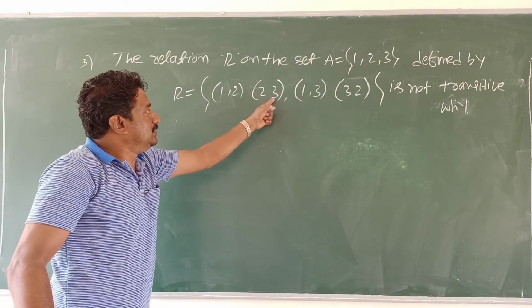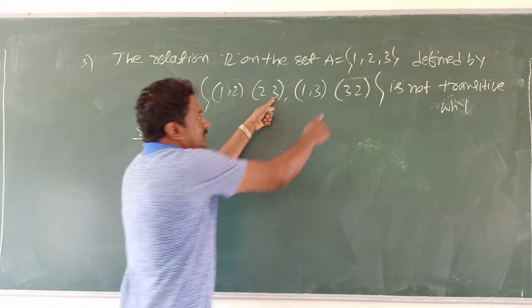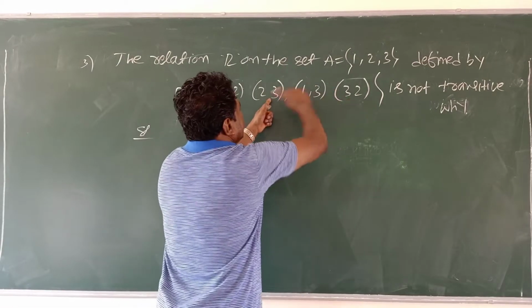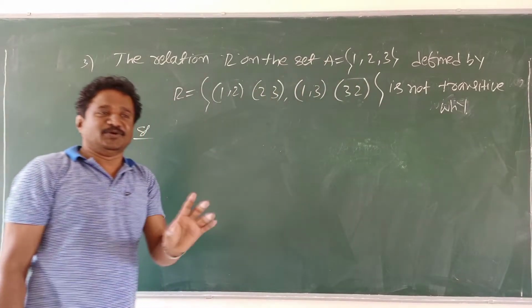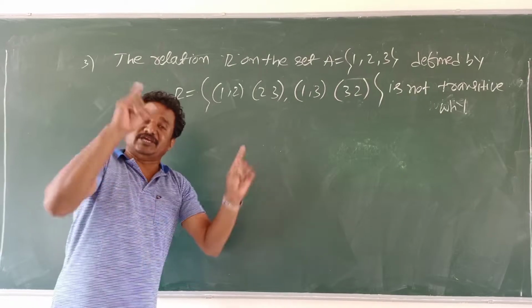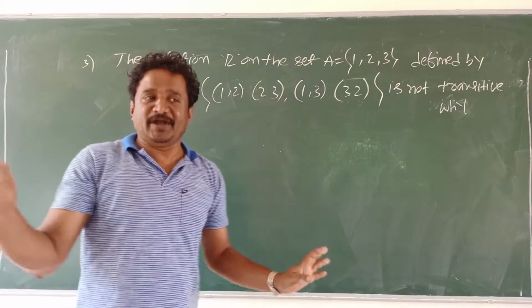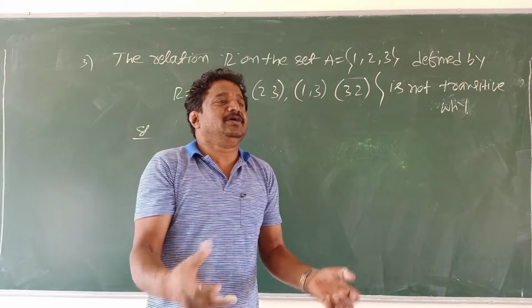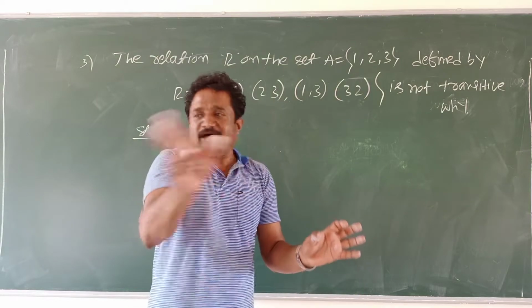Take (a,b); tell me (b,c) for this: (3,2). We are getting (a,b), (b,c). How much is (a,c)? It is (2,2). We are getting one failed subject. One failed subject is enough to say it is completely failed. Once we get a failed subject, you need not check the other elements.